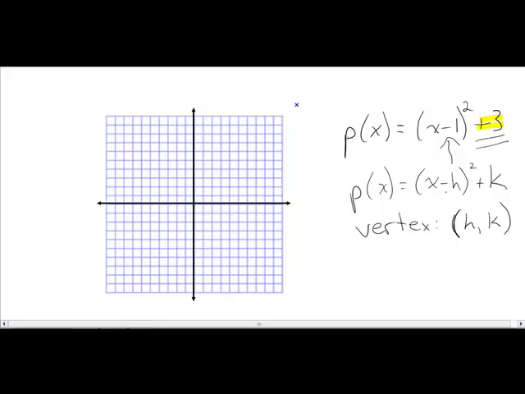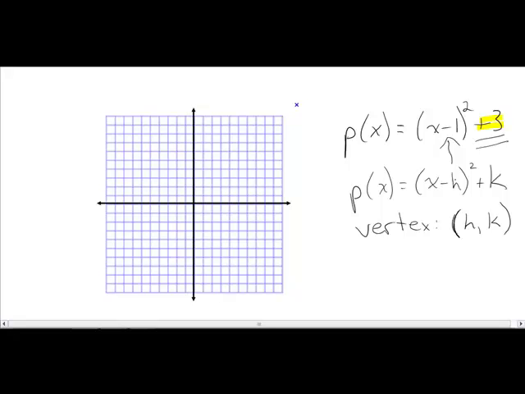If you've got some number being subtracted from x in here inside the parentheses, then that number, not the negative, but that number itself is the x coordinate of your vertex. And then if you've got some number being added out here on the end, then that number is the y coordinate of your vertex.